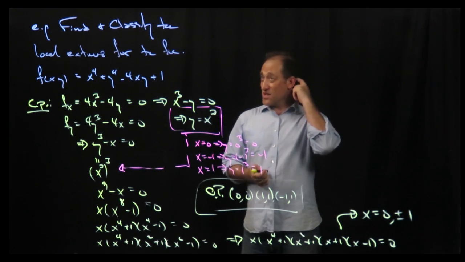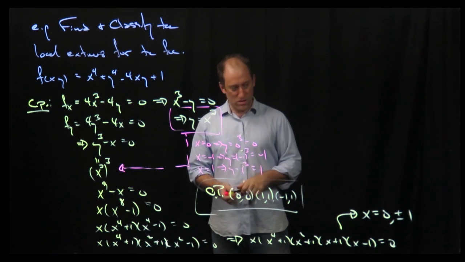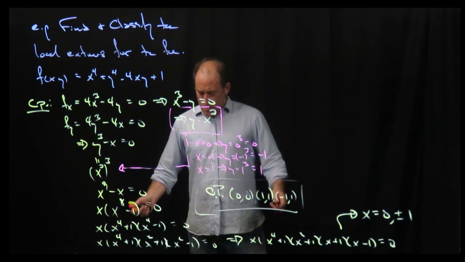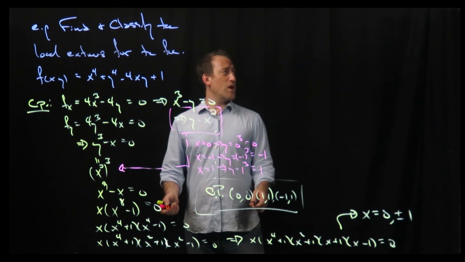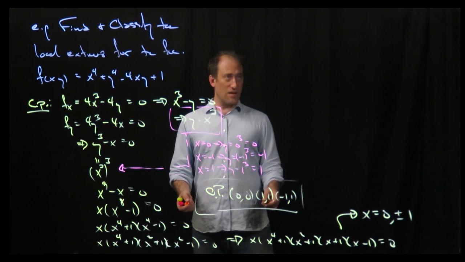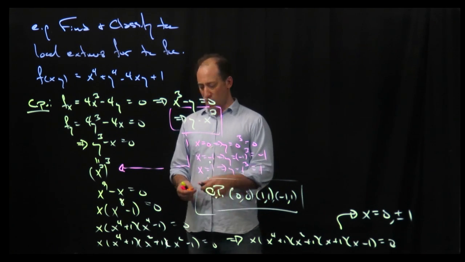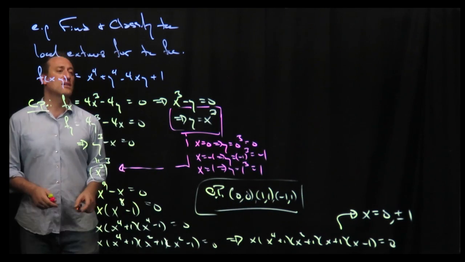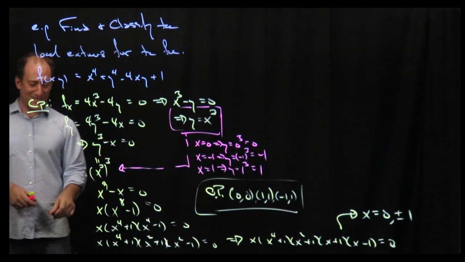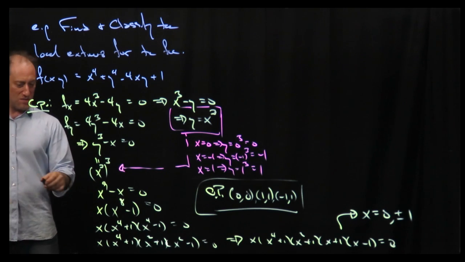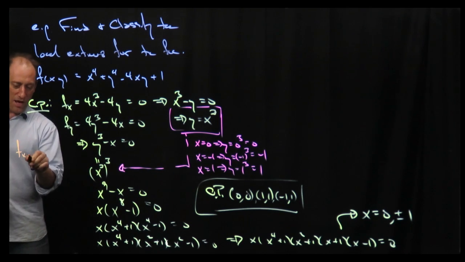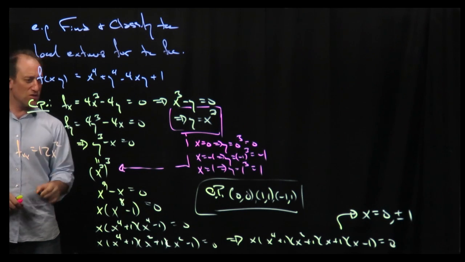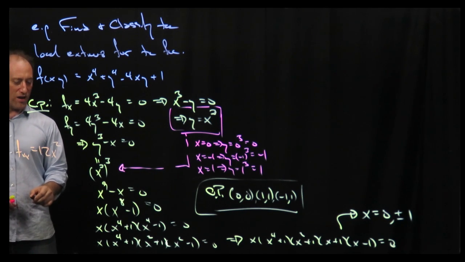The second derivative test. So, I need fxx, fyy, and fxy. And I'm a bit short on space, so I'll compute them right here since I've got my fx's and my fy's. fxx will be 12x squared.